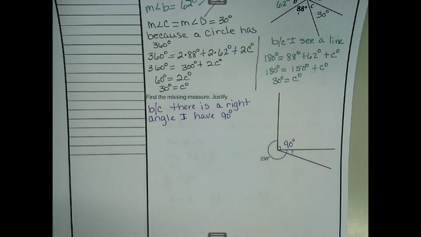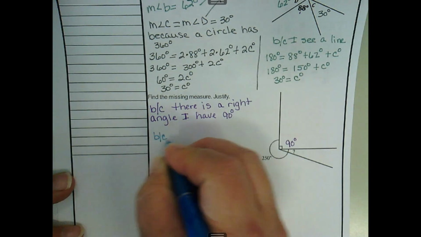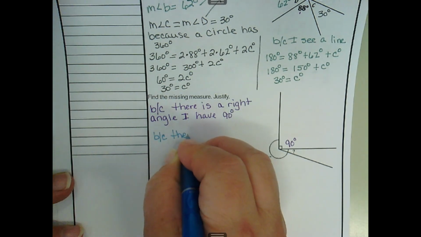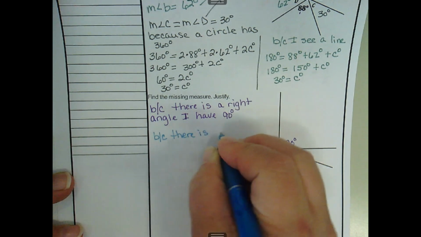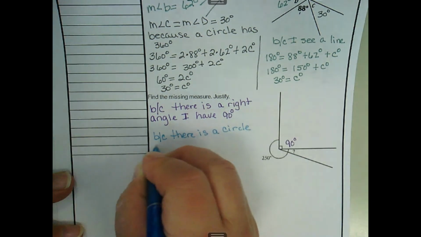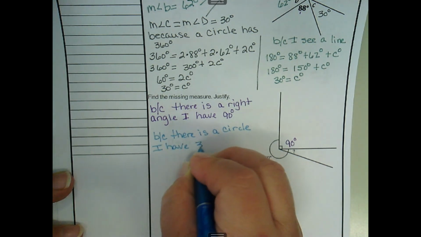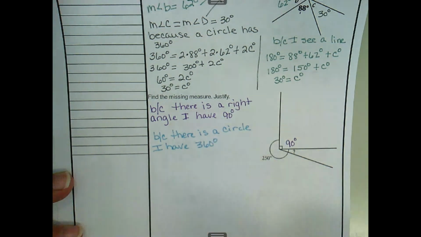Now what? Well, the whole thing is a what? A circle. Because there is a circle, I have 360 degrees.